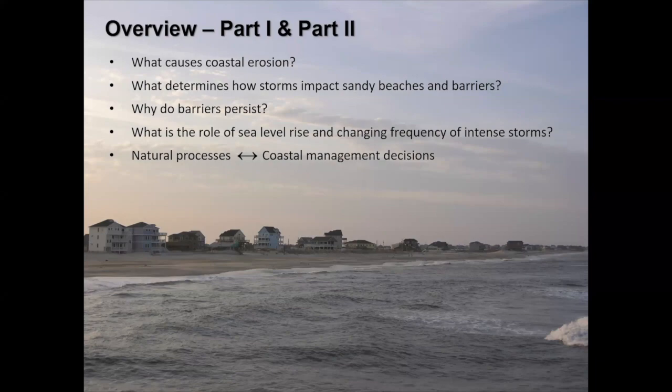We also talk about the processes that maintain barriers and allow them to persist over time as conditions change. And we will talk about the role of sea level rise and changes in the frequency of intense storms in maintaining these landscapes. And then we'll also be presenting some of the really important interactions and feedbacks between the natural processes that we'll be sharing with you and coastal management decisions that take place in these environments.